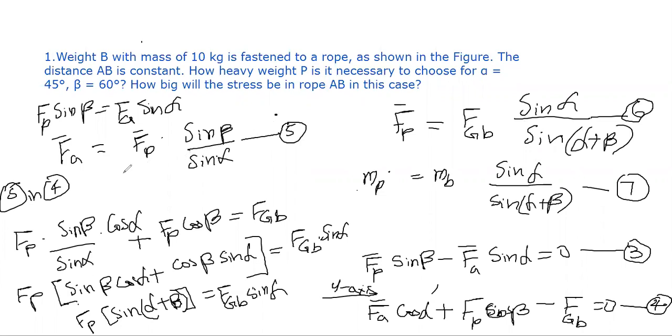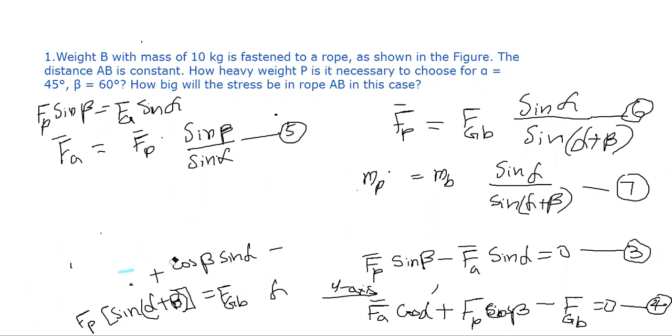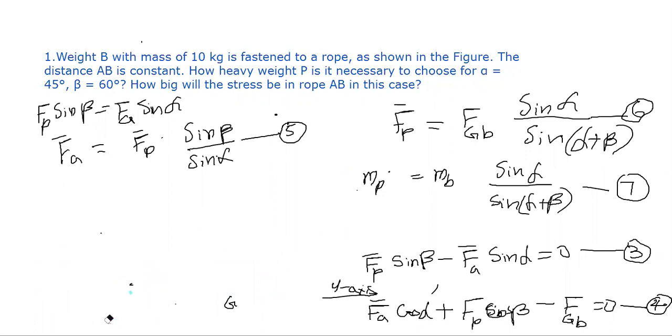And we can substitute equation 6 in equation 5. We have Fa is equal to Fp sin beta by sin alpha, and here Fp is Fgb sin alpha by sin alpha plus beta. So let us substitute this Fp here. We will get the equation for the force with which the rope is tied to the wall, Fa.